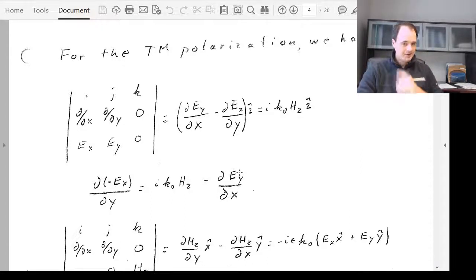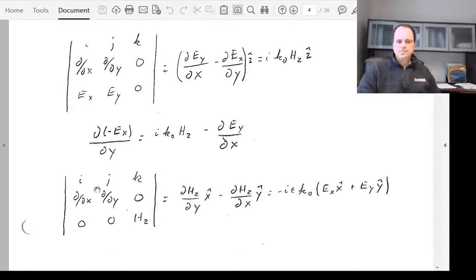All right? So we have this relation, the partial with respect to y of this value is equal to this. All right? We do the same thing with the del cross H relation. If it's TM polarized, we only have H sub z. And so this is what we have. But with TM polarization, you have both X and Y components for electric fields. All right.